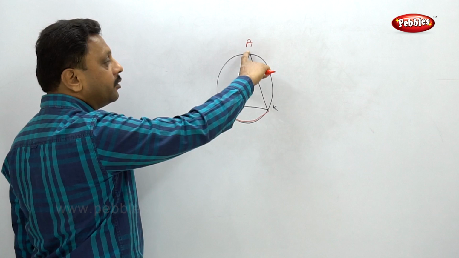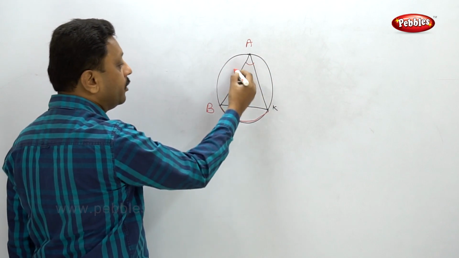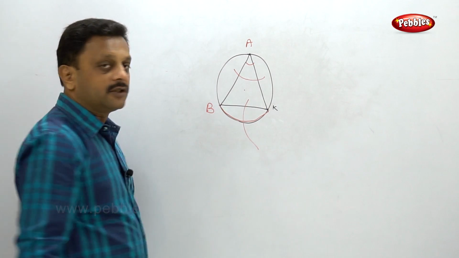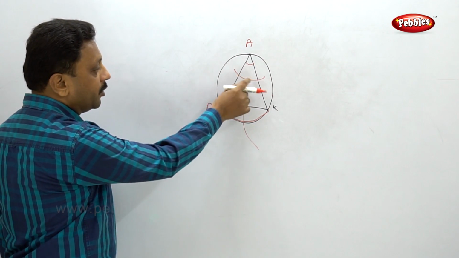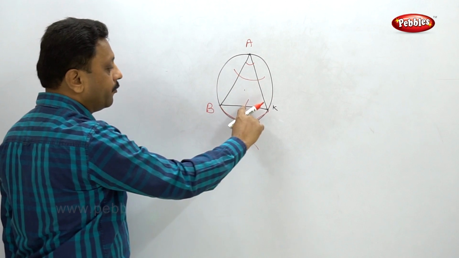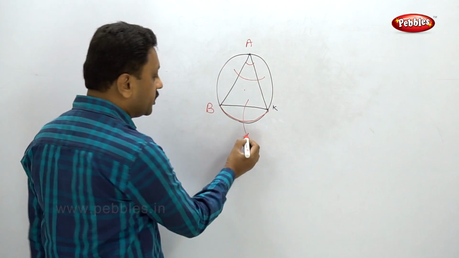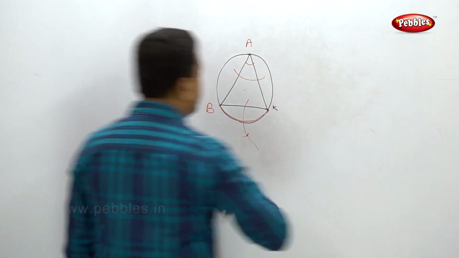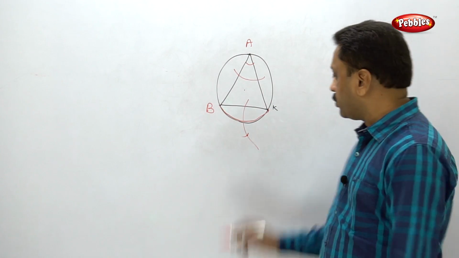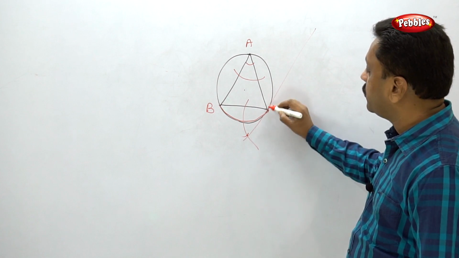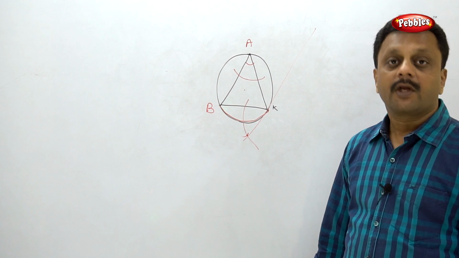First put the point of the compass on A and you will get this arc. Put it on K, again you will get this arc. Now take this distance in the compass, and from here mark it, cut. This is the second point you have got. K you already know. You just connect this line, and this is your tangent.